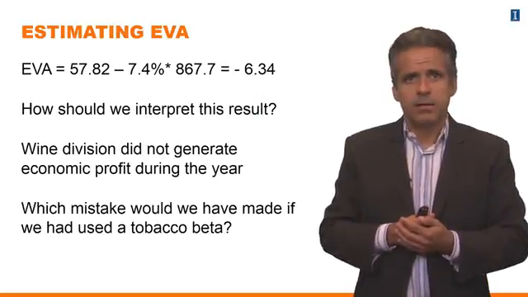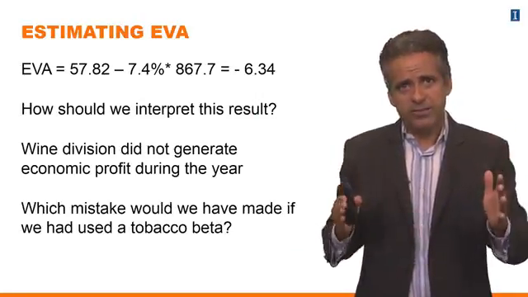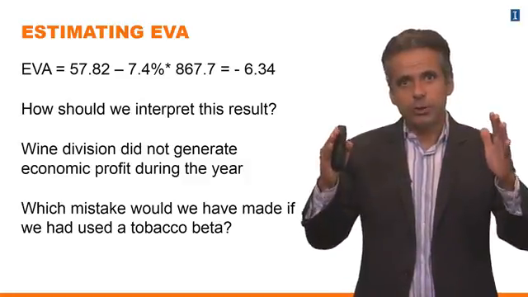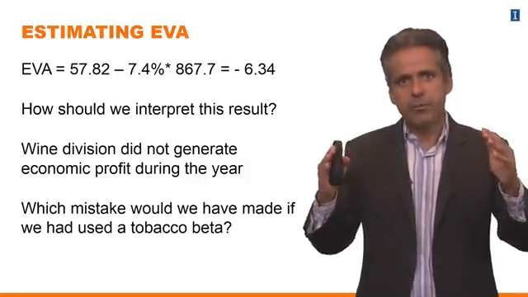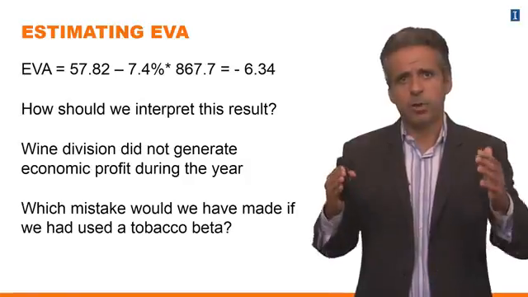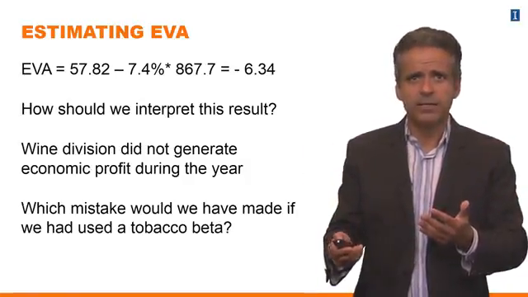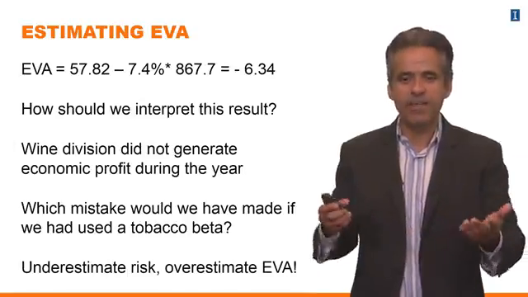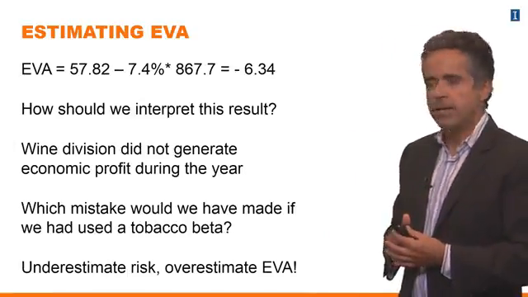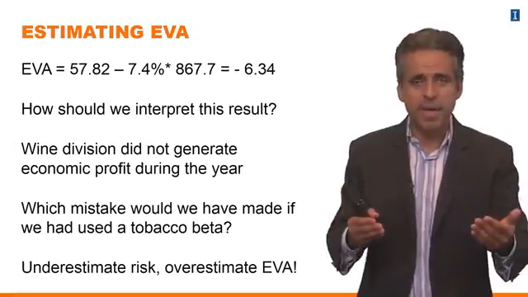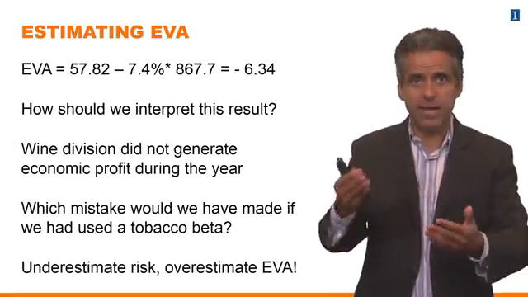Okay? And go back to what we've been discussing. Which mistake would you have made if we had used the tobacco beta, right? Suppose we used 0.5 instead of 1 for the beta. You would have ended up with a higher EVA, right? Essentially, you would be underestimating risk, because beta measures risk.